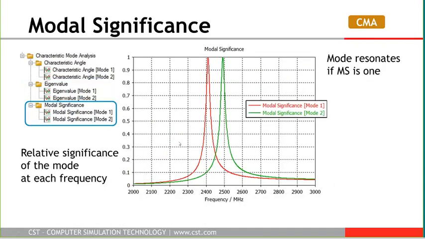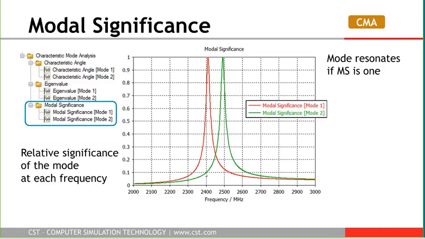And there is another important result, which is modal significance. Modal significance is often used because it's quite intuitive, and it tells you how significant each of the modes is at each frequency.